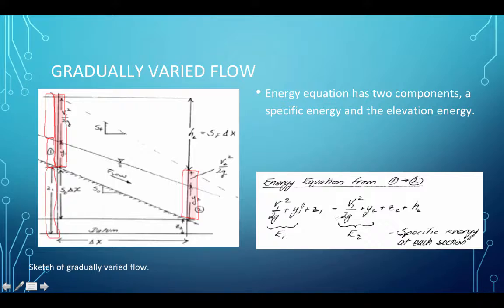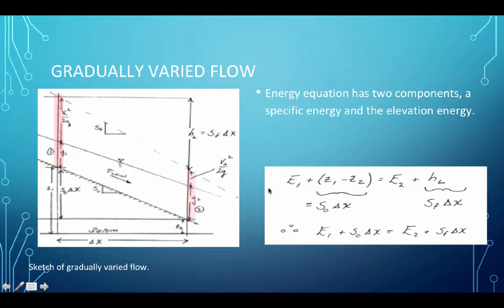In this diagram, the specific energy at section 1 is V1 squared over 2g plus y1. The specific energy at section 2 is V2 squared over 2g plus y2. We're going to use these definitions of specific energy shortly to develop the gradually varied flow equations, as well as a technique for finding the shape of the water surface.